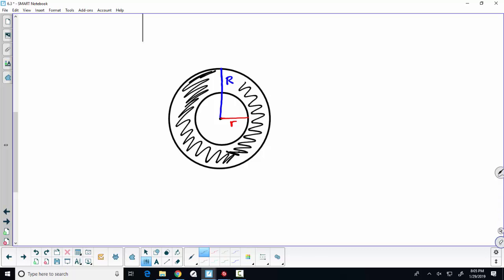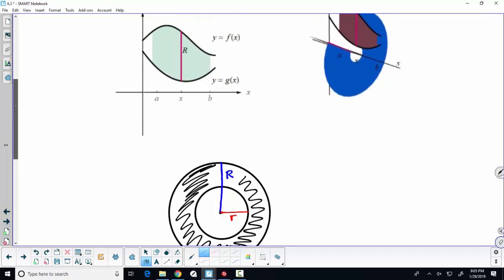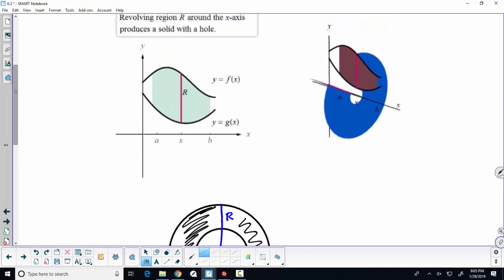If we go back up to the figure, first of all, is everyone convinced that the axis of revolution is the center of that washer? Because we take this region and we revolve it around that thing right there. That's going to be the center.